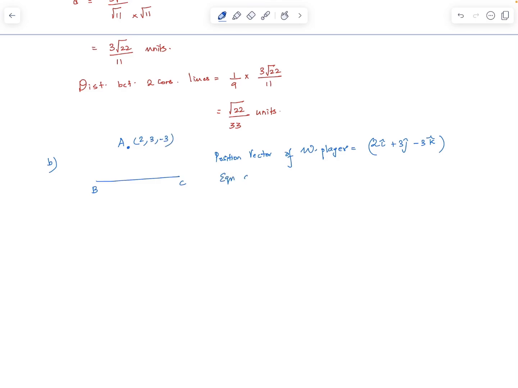And the equation of finishing line, that is BC, is given by 7 minus x is equal to 3y minus 2 is equal to 1 minus z, which can be taken as lambda.